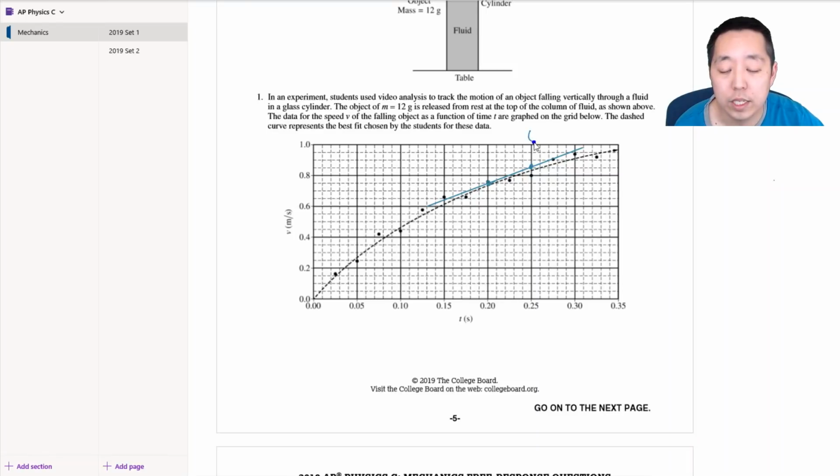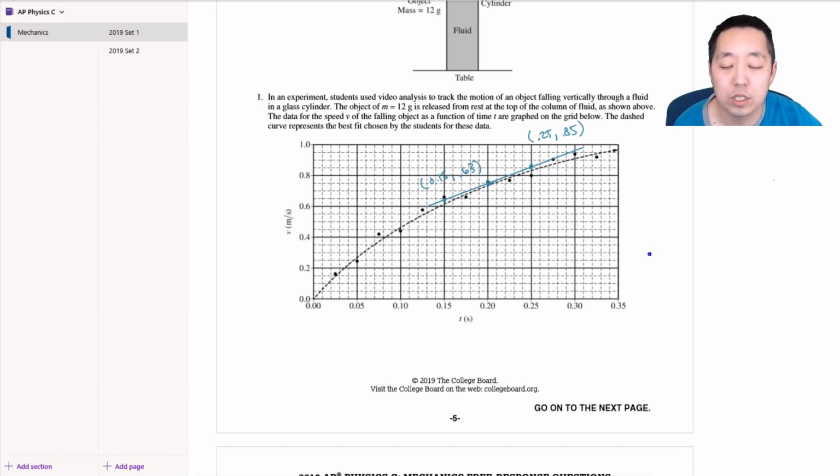Say that point is 0.25 comma 0.85. And let's say the point here, for example, is 0.15, and the y value we'll say is 0.63 or something like that.